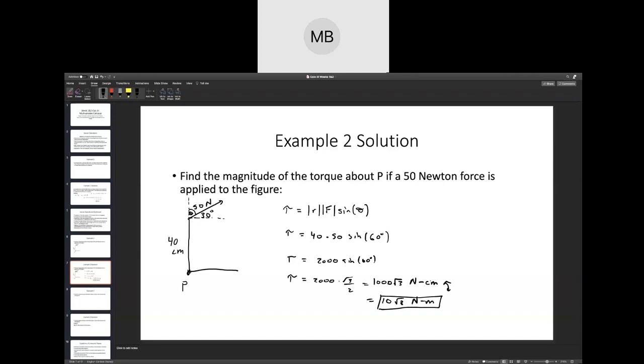So this would be 10 root 3 Newton meters into the page, and that's the direction of the torque vector. The torque is actually orthogonal to the position and force vectors. So that's a property of the torque vector. That's just an example of how we use torque.